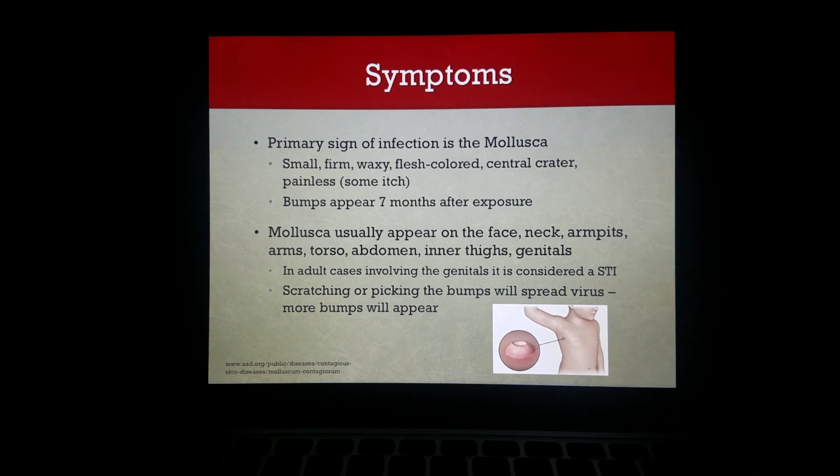That's where it was on my daughter. The abdomen. It can also be on the inner thighs and the genitals. In adult cases, when it's on the genitals, and actually in most adult cases, it's considered a sexually transmitted infection, due to that skin-to-skin contact. Among the children, usually the scratching or the picking of the bumps will spread it on themselves, so more bumps are going to appear. The auto-inoculation.